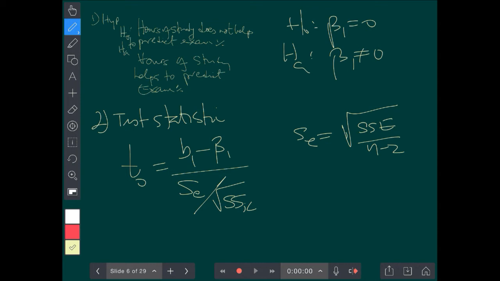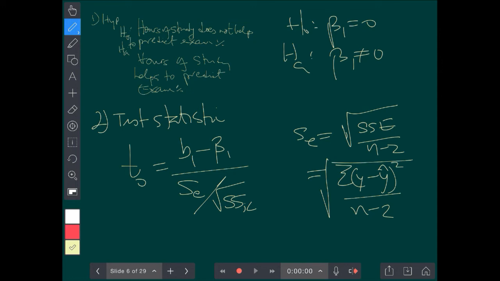Sum of squared errors was the sum of y minus y hat squared. So y minus y hat is an error. If I square it, that's a squared error, and if I add it all up, it's the sum of squared errors. When I divide by n minus 2, not n minus 1, because we have n minus 2 degrees of freedom, that's the variance of the errors.